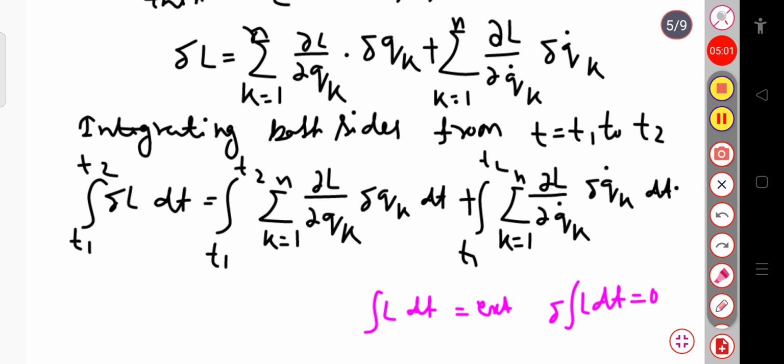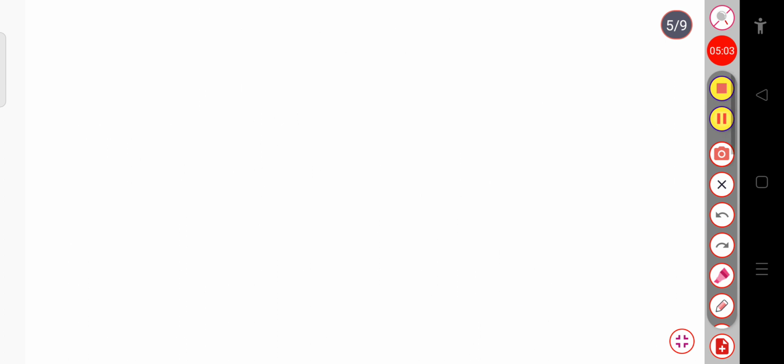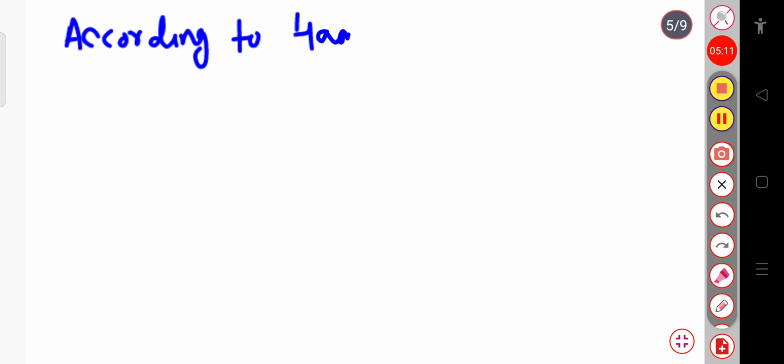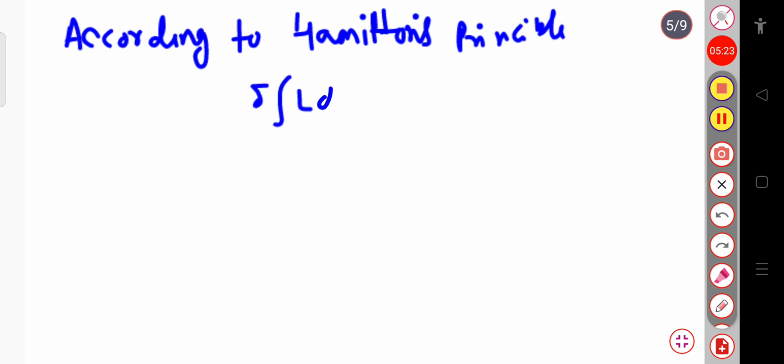According to Hamilton's principle, we can write delta of the integration of L dt from t1 to t2 equal to 0.